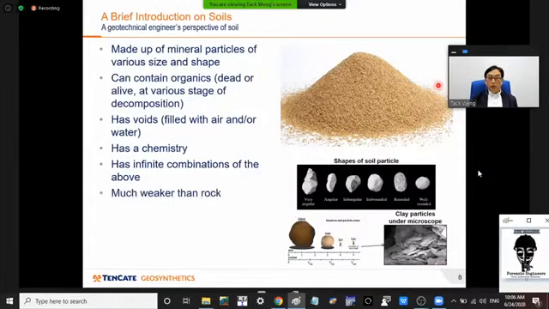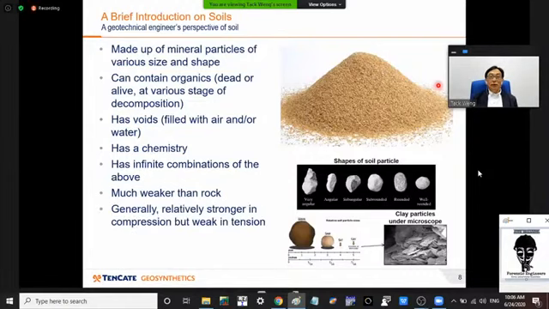It is much weaker than rock, and generally it is stronger in compression compared to tension, which is really the issue. And the use of reinforcement helps to complement the weakness of soil in tension by providing a tensile restraint. It has also a very wide range of compressibility. What it means is that when you apply a load on it, it will press down or compress down. And it can be compressing down very little in relation to the load or a lot.